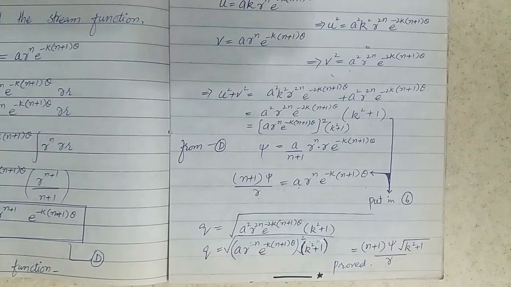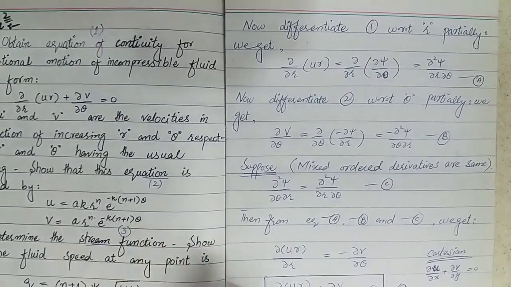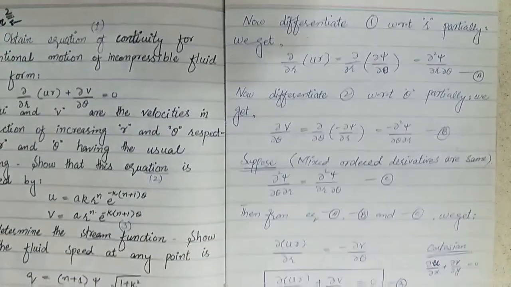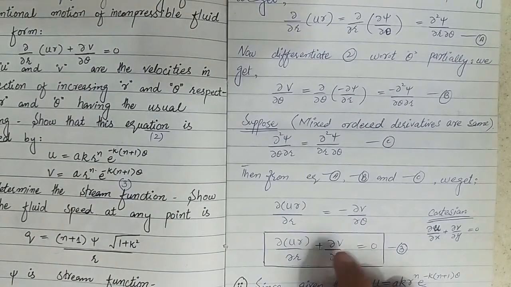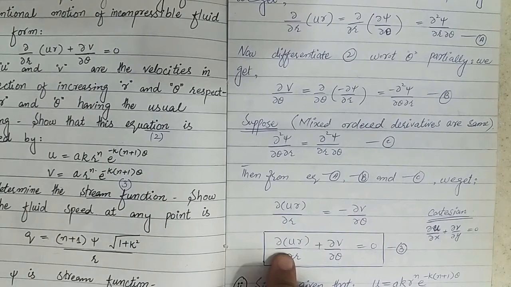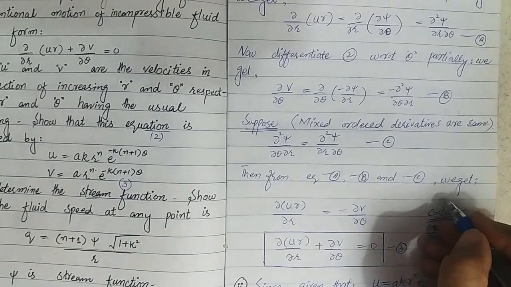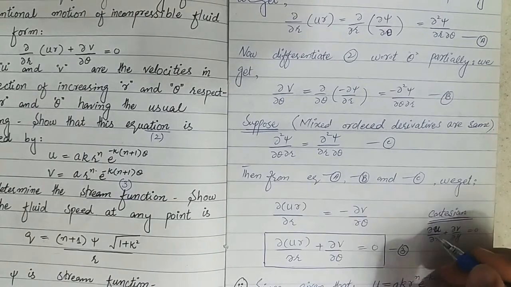So it is clear that when the velocity components of the x and y coordinates are given, we have to show that they satisfy the equation of continuity. You have to keep this equation of continuity in memory.